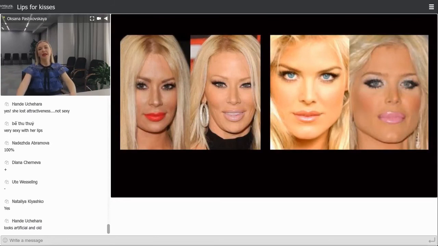And finally, let's pay attention to the faces on which the proportions of the lips do not correspond to the proportions of the face. Yes, you really see before and after. Yes, before increasing the volume, before decreasing the volume, and after.